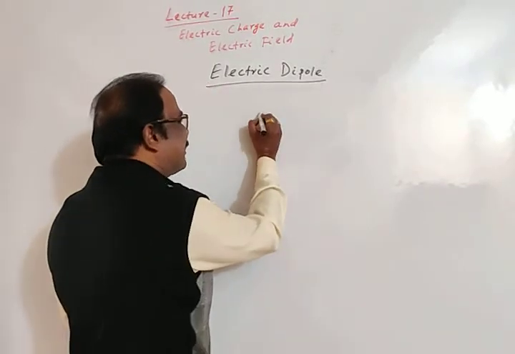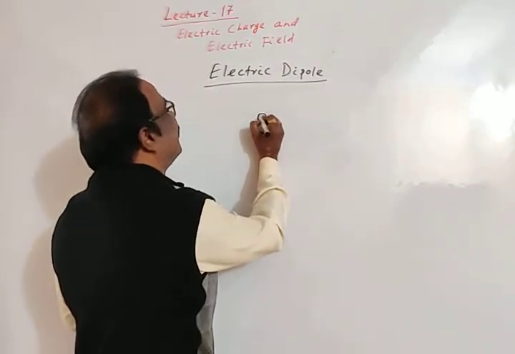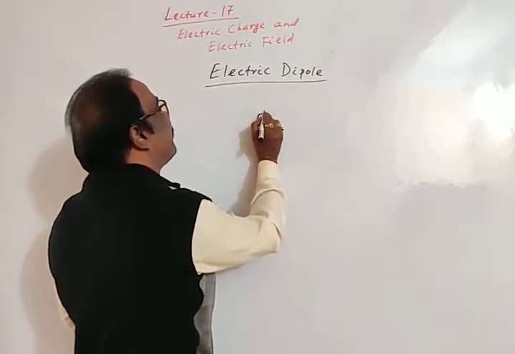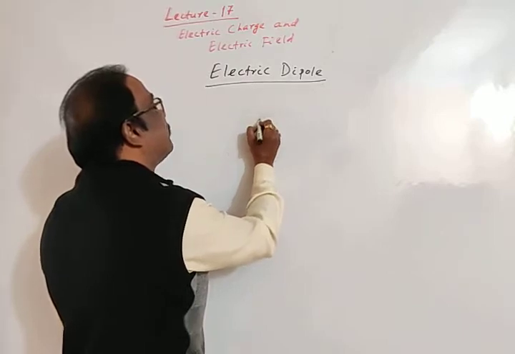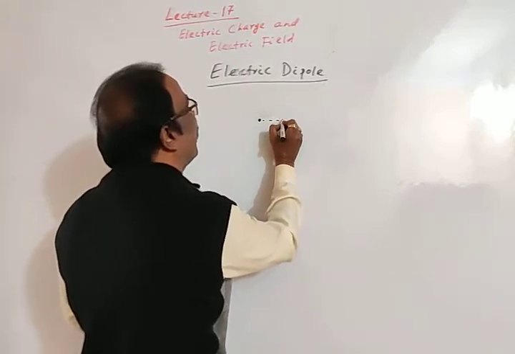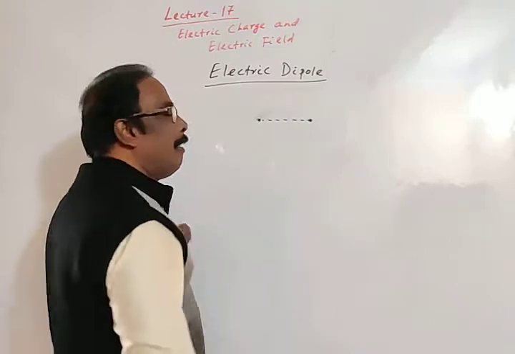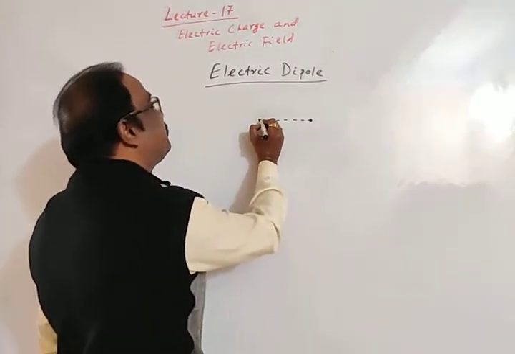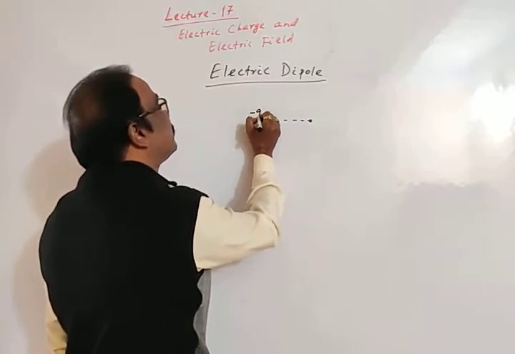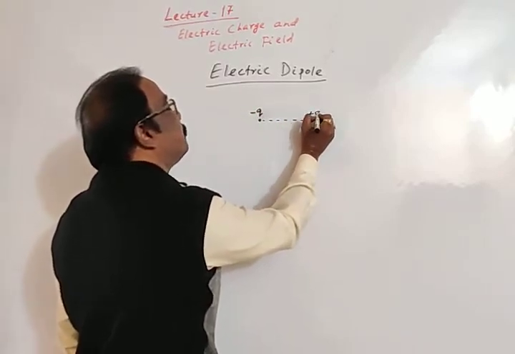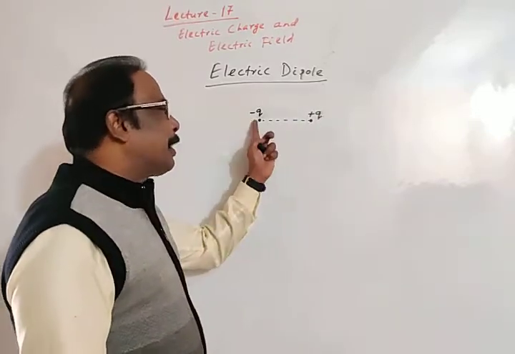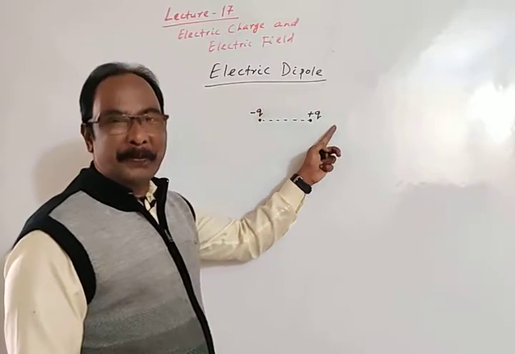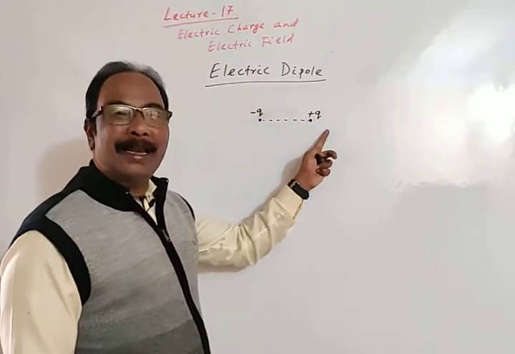Okay, let's consider a point charge and another point charge. Let the magnitude of one charge be minus q and the other plus q. So two charges have equal magnitude q, but they are opposite in nature.